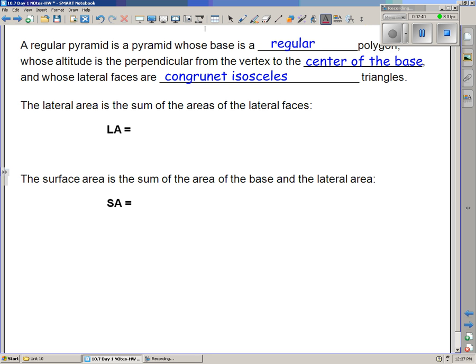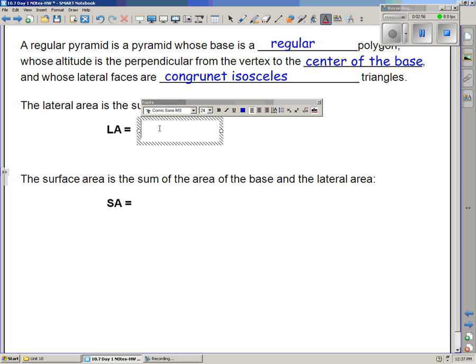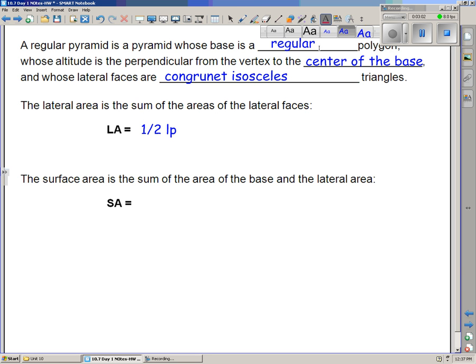So the lateral area is going to be the sum of the areas of all those lateral faces. If you think about all the lateral faces, each is a triangle, and a triangle is half times the base times the height. What we're going to do is simplify this a little bit, and say that the lateral area is equal to 1/2 LP. L stands for your slant height. I don't know why they use L for slant height, but they do.